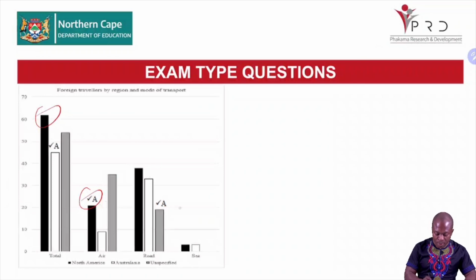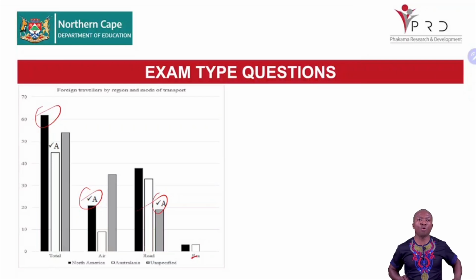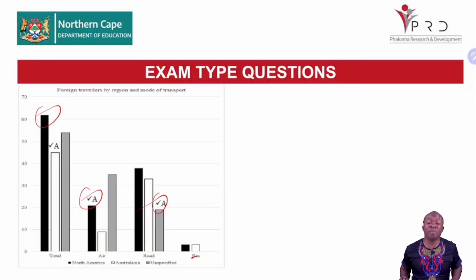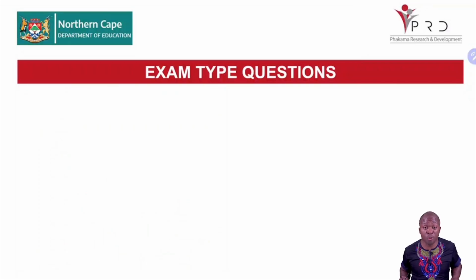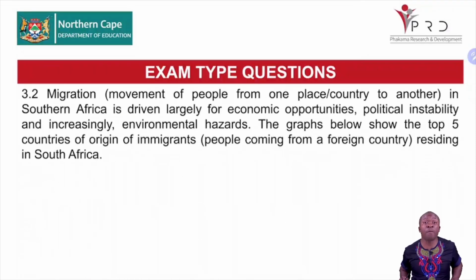Can you see them? And then we have this other one. Here we have nothing. There's nothing. No one from those 3 places who came by sea. Graphs you are going to draw. And we are going to give you about 3 or 5 marks. Trust me, each mark counts. Once you are able to draw the graph and you get it correct, you should know that you are going to be fine. So I'm giving you another question.